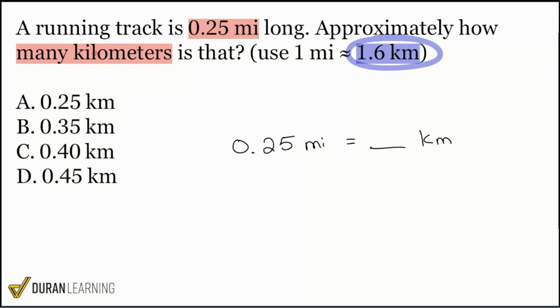Again, if you're going to the unit that has the 1 on it, we're dividing. If we're trying to get to the unit with a different number on it, that's multiplication. When we take a look at what we have, we're not trying to get to miles. We already have miles. I'm trying to get to the 1.6, that kilometers. So we are going to multiply right over here, and that is going to be by 1.6 right there.